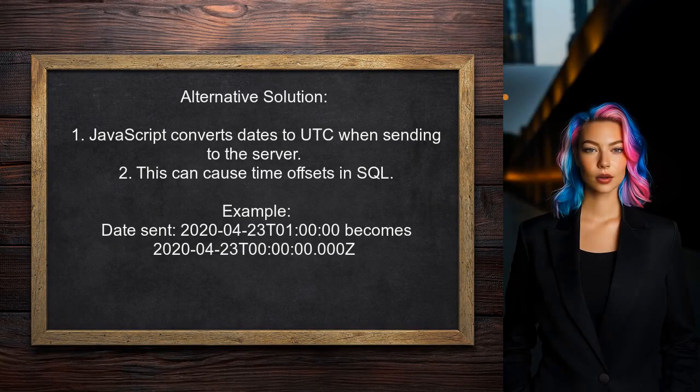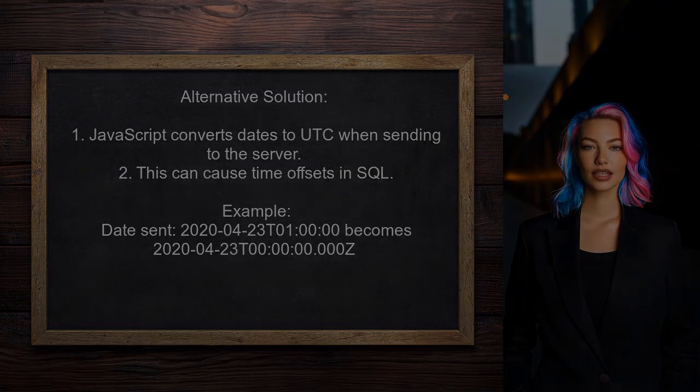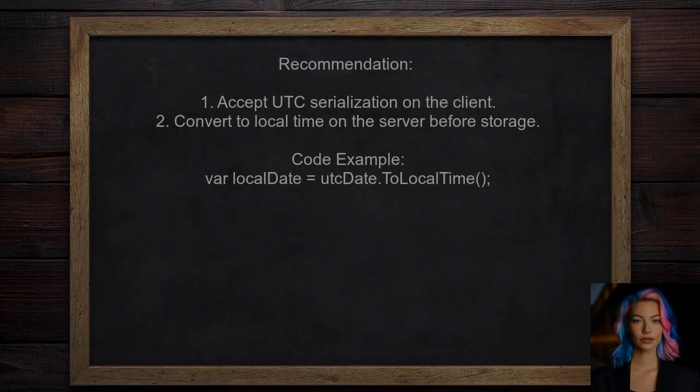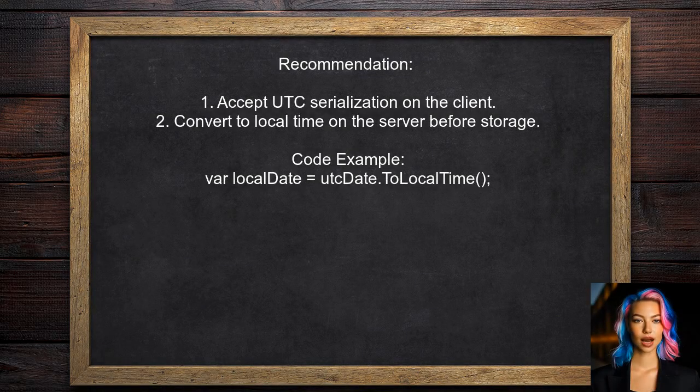Now, let's dive into a different answer from another user. An alternative solution shared by another user involves understanding how JavaScript handles date serialization. They explain that when sending dates back to the server, JavaScript converts them to UTC format, which can lead to unexpected time offsets. The user suggests that instead of trying to adjust the date on the client side, it's better to accept UTC serialization.